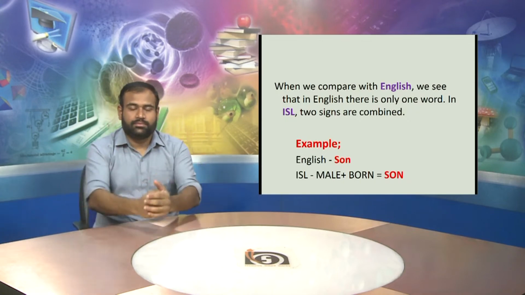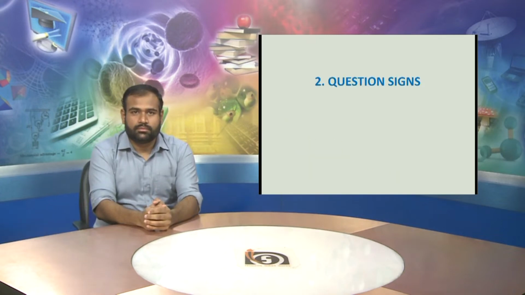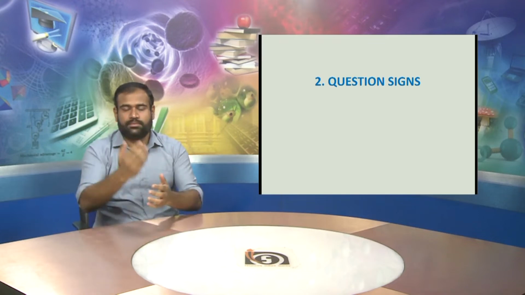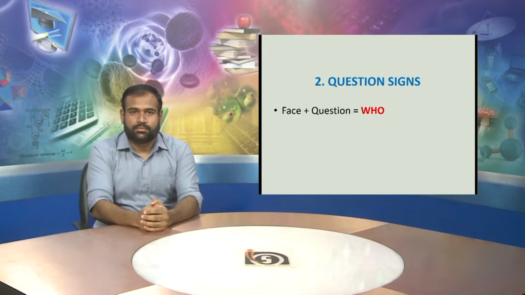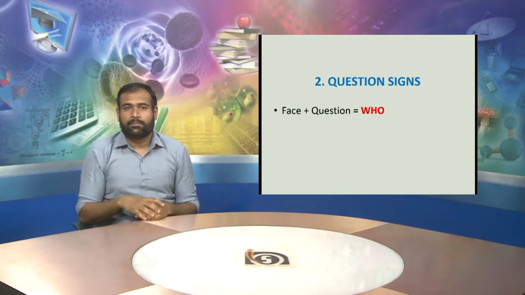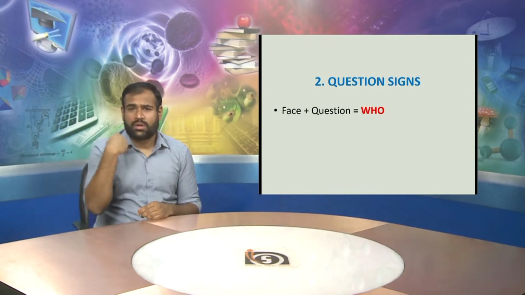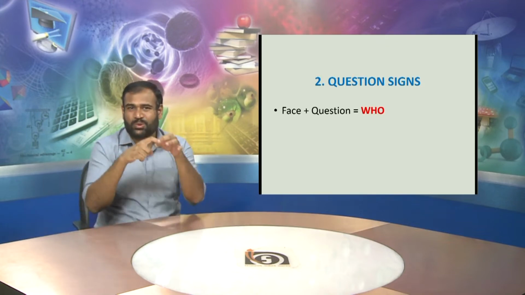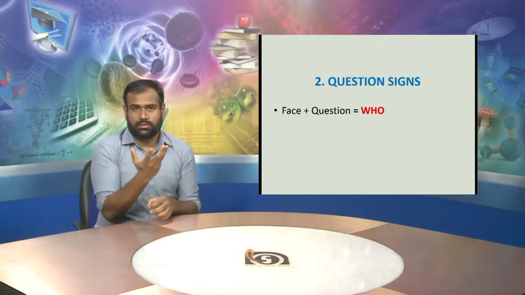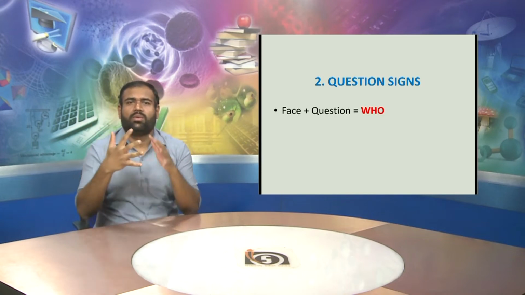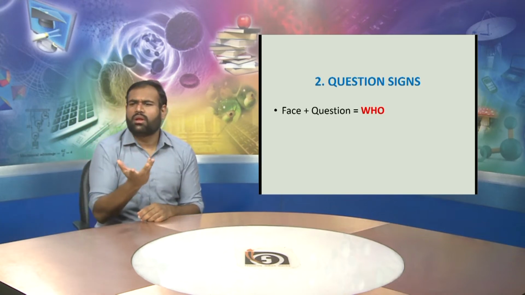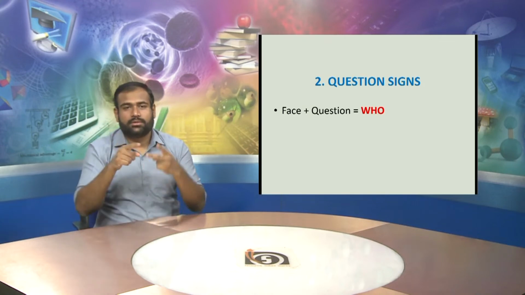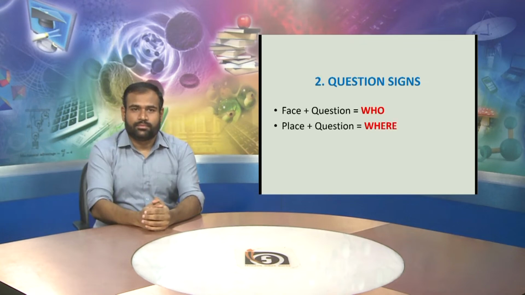ISL has its own structure and English grammar has its own structure. Now this is the second type, question signs. Let us see it. You can see face plus question makes the word who. Whenever we want to ask about a person, we use this face plus question. Let us see some more examples.